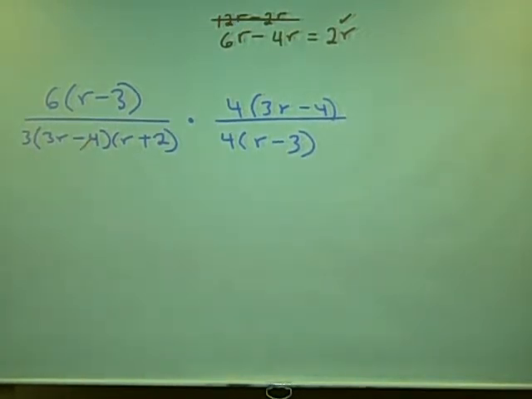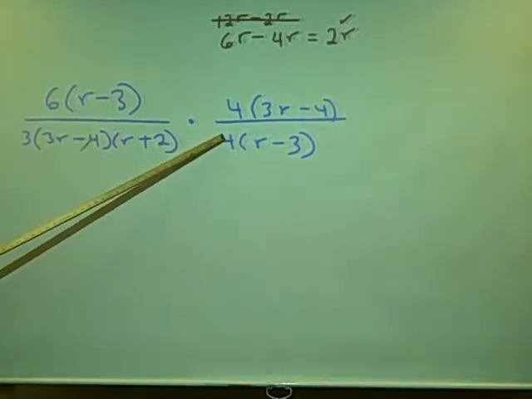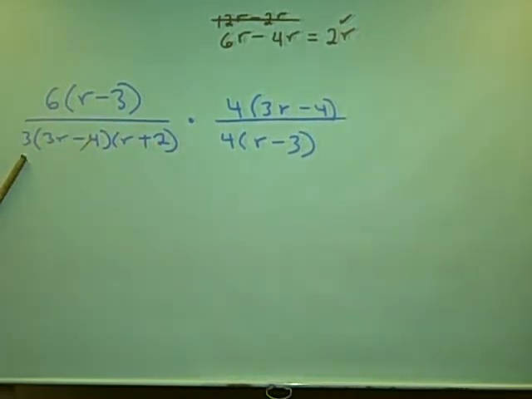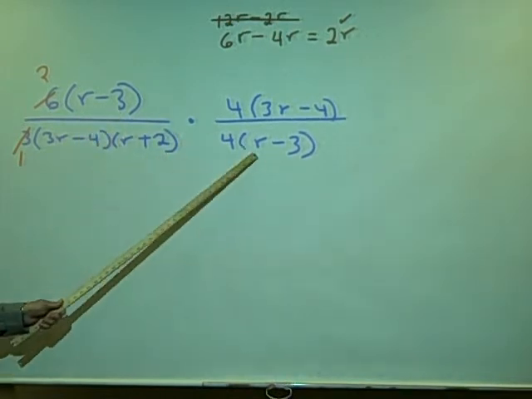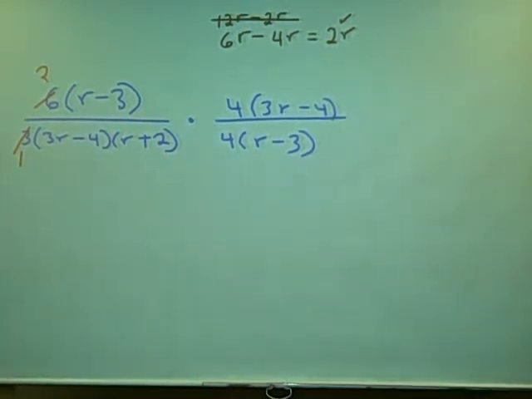Now you could have also canceled 2's into 6 and 4 if you wanted to, but 3 goes into 6 two times, that works better. So that's 2, and 3 goes into itself once. Okay, how about the r minus 3's? They can cancel, right? Cancel the r minus 3's out, put a 1 there.